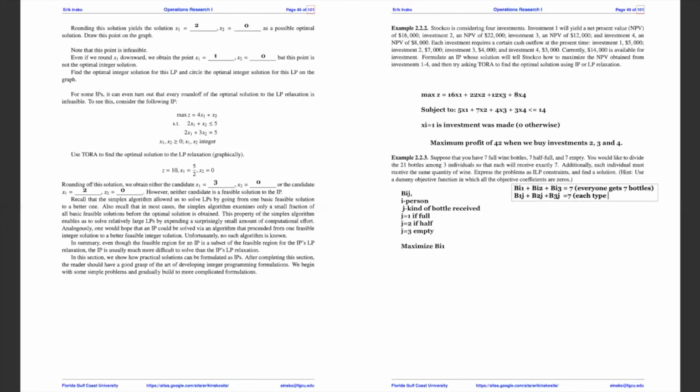So looking into it, the first person got a full bottle, the second person got a full bottle, the third person got a full bottle. The total of the full bottles equals 7. And again, we do this for half and for empty. So that's another 3 equations, one for each of the j's.